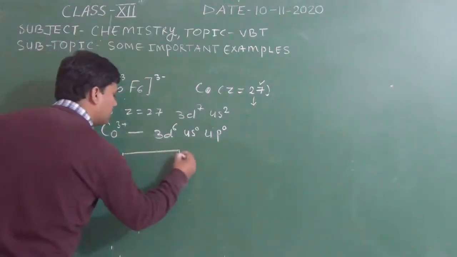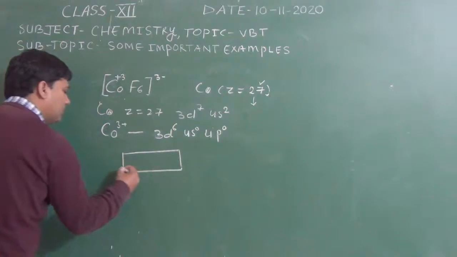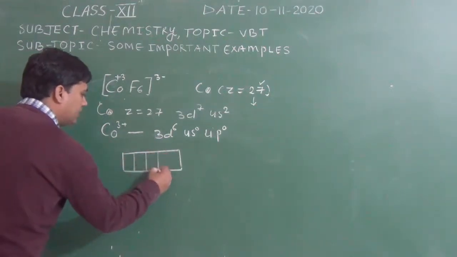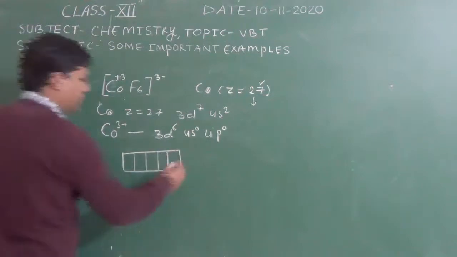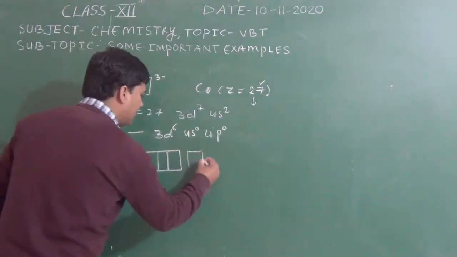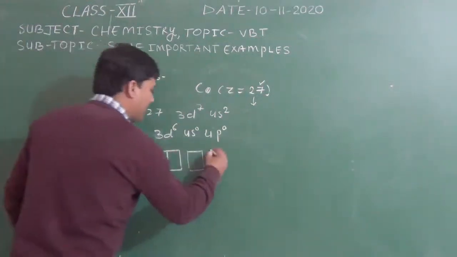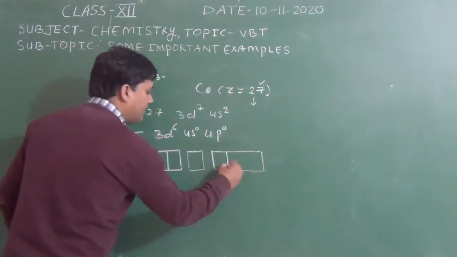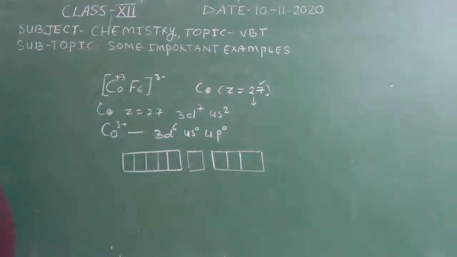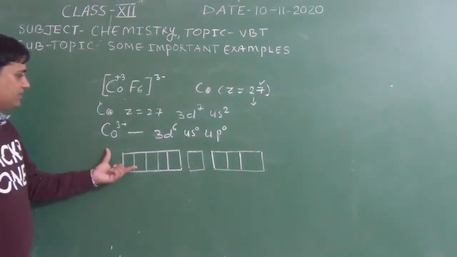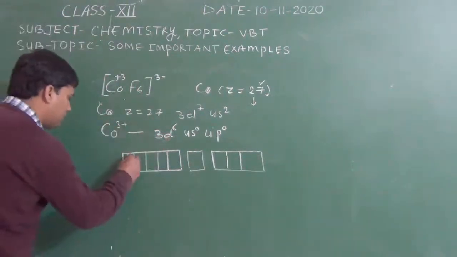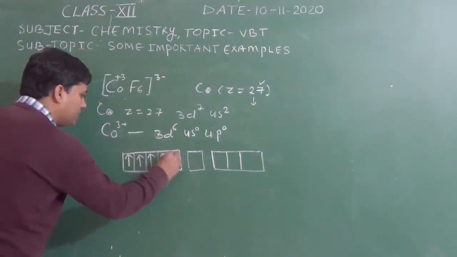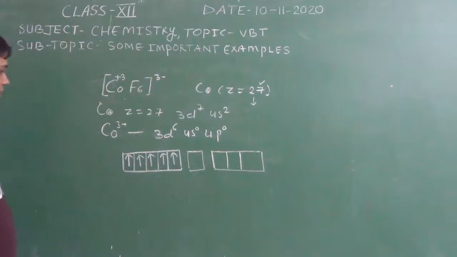This is 3d, which contains 5 orbitals. The s subshell contains only 1 orbital, and p contains 3 orbitals, that is px, py and pz. How many electrons? 6 electrons in d. You write the electrons in each orbital according to Hund's rule.